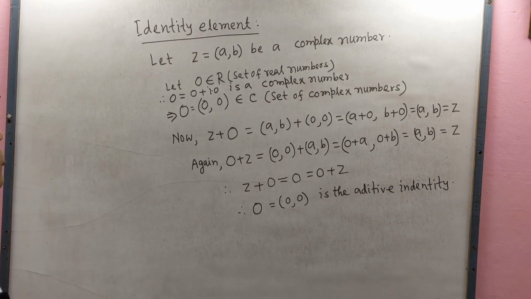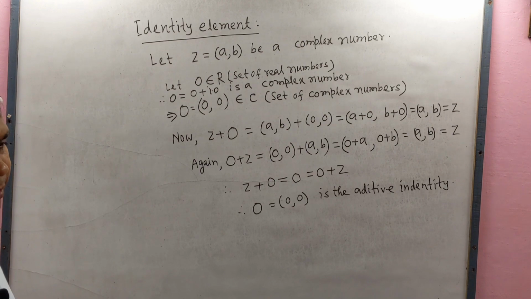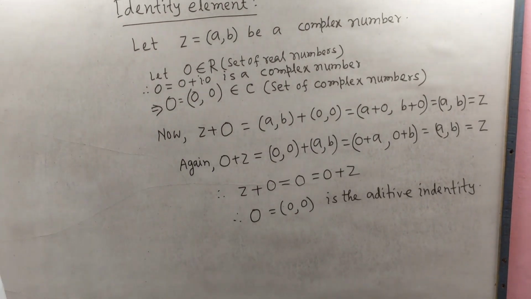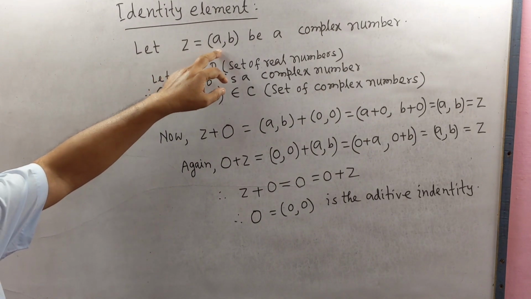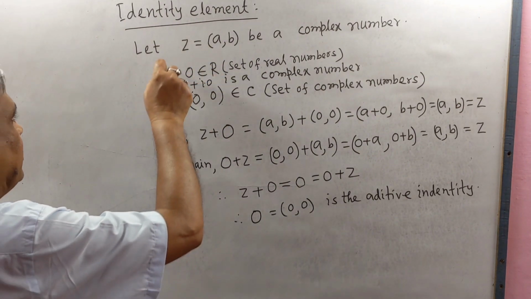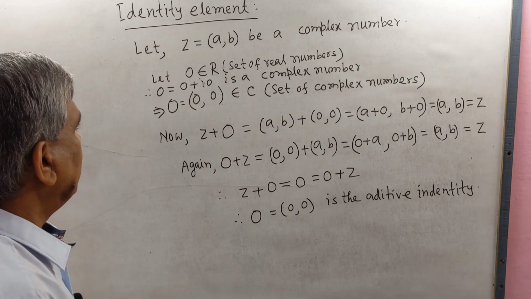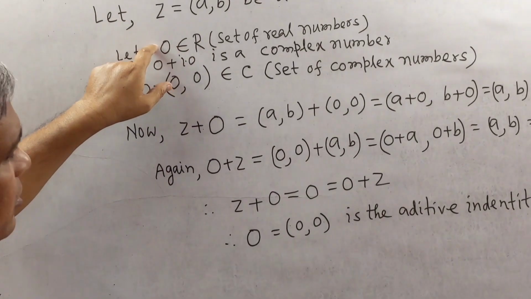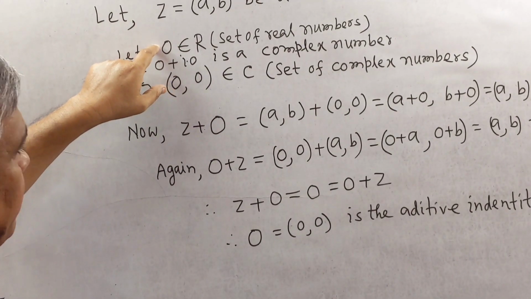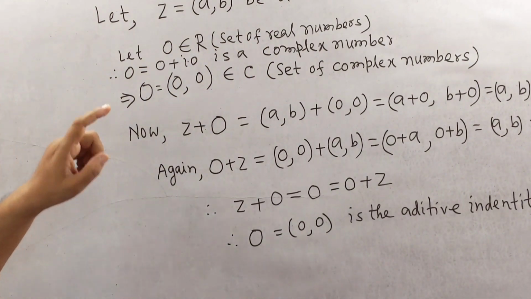Now we show the additive identity element in the set of complex numbers. Let Z equal to ordered pair AB be a complex number. Let 0 belong to R. This is the real number 0, and R is the set of real numbers.